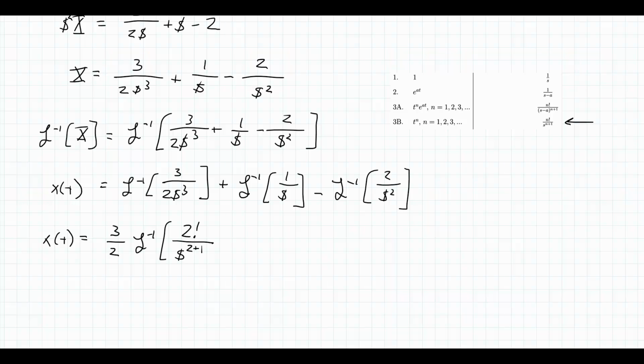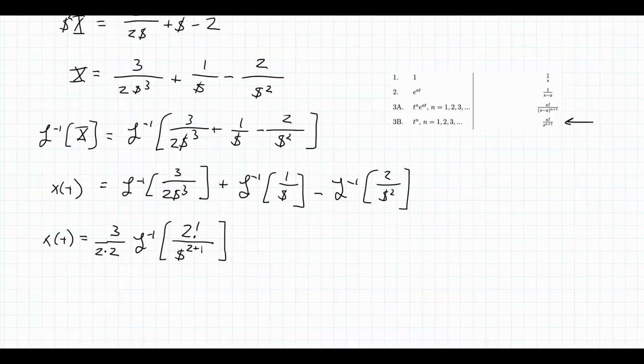I just multiplied by that 2 factorial, which again is just 2, but so that I'm not changing anything about this, if I multiply by 2 on the top, I also need to multiply by 2 on the bottom, which I'm going to put on the outside of that Laplace transform. All right, so what did I do?